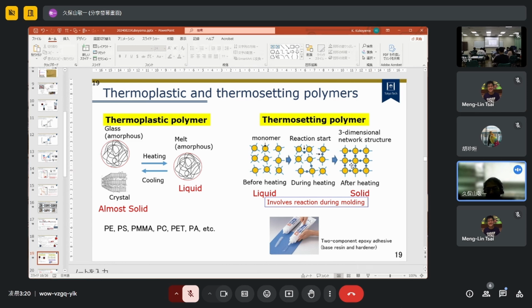And this is connected to each other, so this is also called a polymer. But this is not linear, it does not have a linear structure, but a three-dimensional networking structure. So once this is formed, you cannot return to the original shape, because between the monomer units a chemical bonding is formed during the heating process. But this can have a rigid structure.